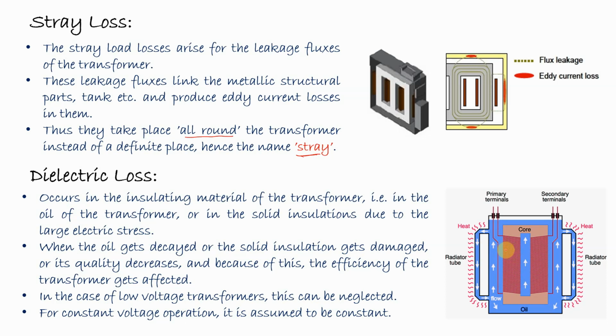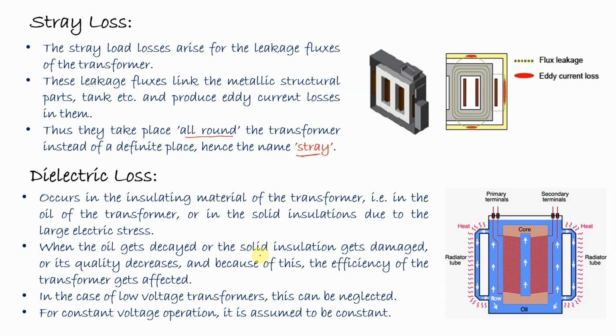So this oil will collect the heat from the transformer and circulate it through the structure of the transformer. But over a period of time, the insulation property of this oil gradually decreases, or its quality gradually decreases. This is considered as the dielectric loss of the transformer.